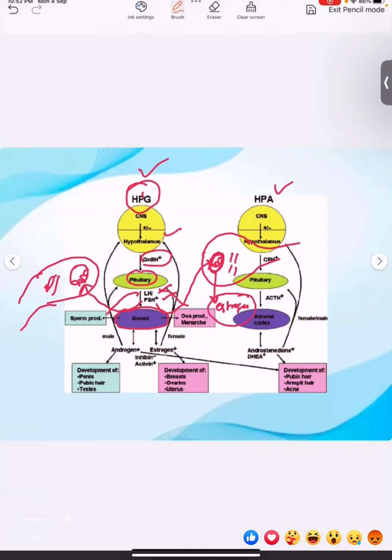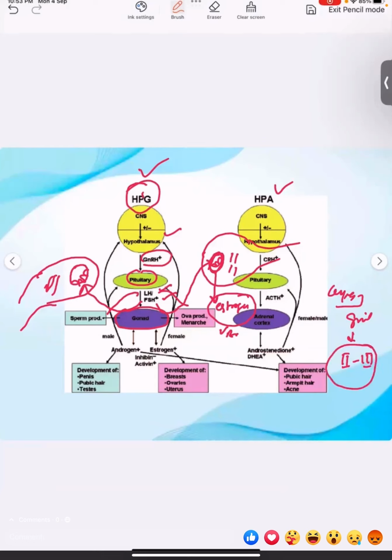Whenever a female comes to you with breast development, the main function of estrogen in female is breast formation. A 6-year-old girl comes to you with stage 2 or 3 of breast development. We said this is precocious puberty.